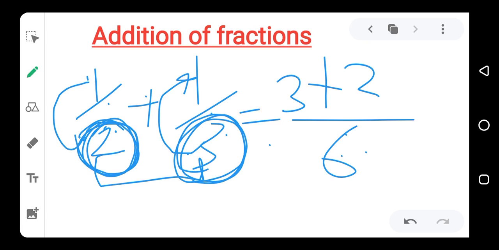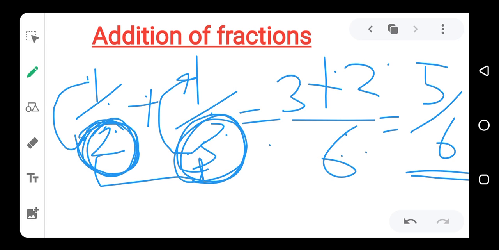So we have 3 plus 2 on top and then 6 below. The final answer is 3 plus 2 is 5 over 6. So the answer is 5 over 6.